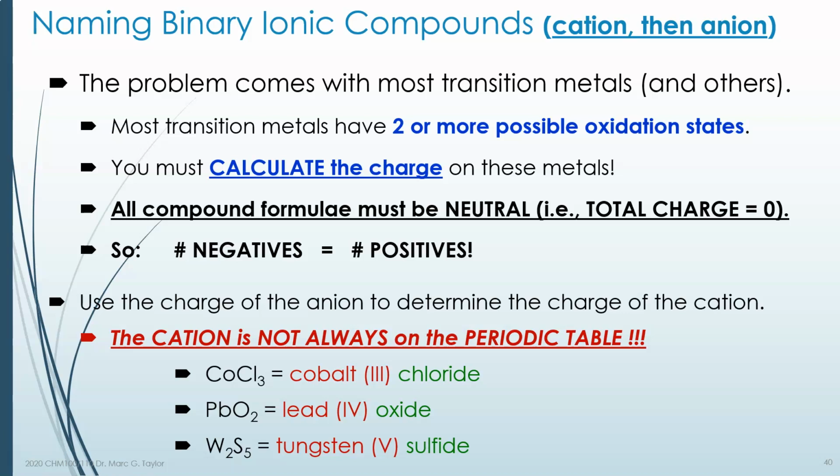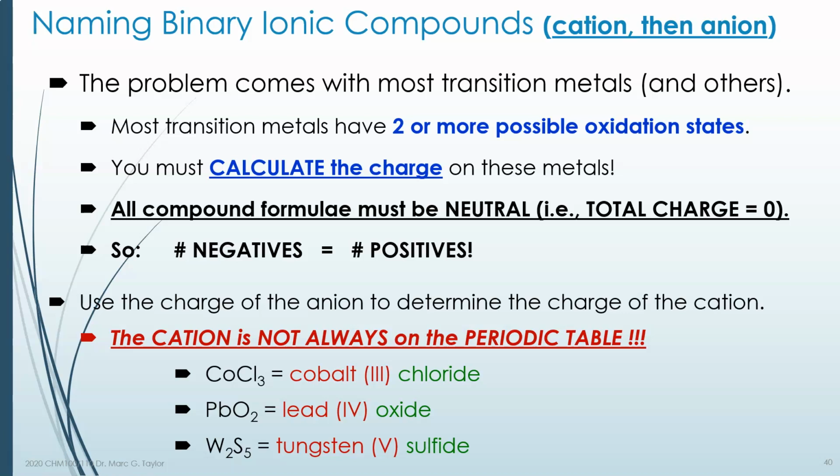W2S5. This is tungsten and sulfur. So we know that each sulfide is -2, but we have 5 of them. That's a total of -10 charges from the anions. That means we need to have +10 to balance it. That means we know the tungsten, those 2 tungstens, must have a total charge of +10.